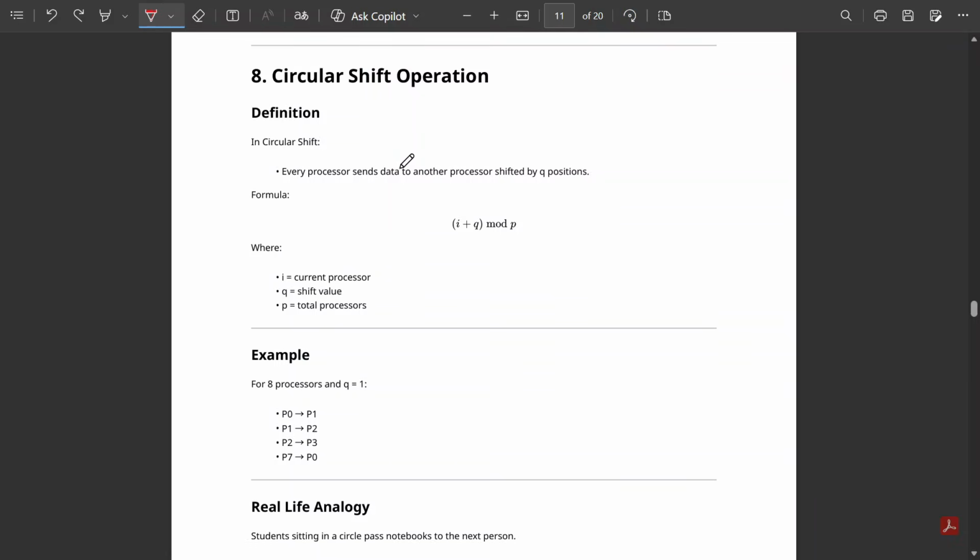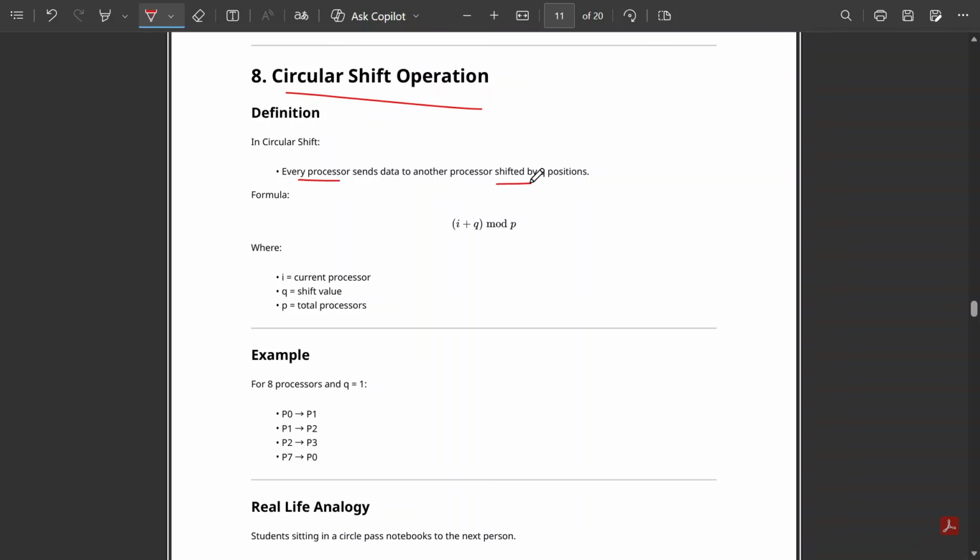Hello subscribers. So let us continue with our next topic, which is circular shift operation. Circular shift operation is one of the parallel communications where every processor sends its data to another processor shifted by a fixed number of positions.